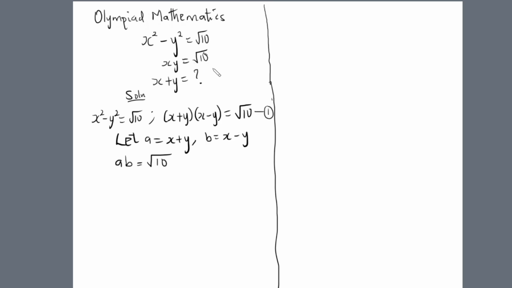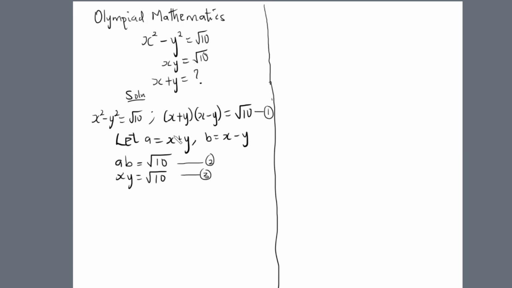That is equation 1. And then from the question, xy is root 10. So xy is also the square root of 10. I'll be making use of this. I'll call this equation 2 and equation 3.